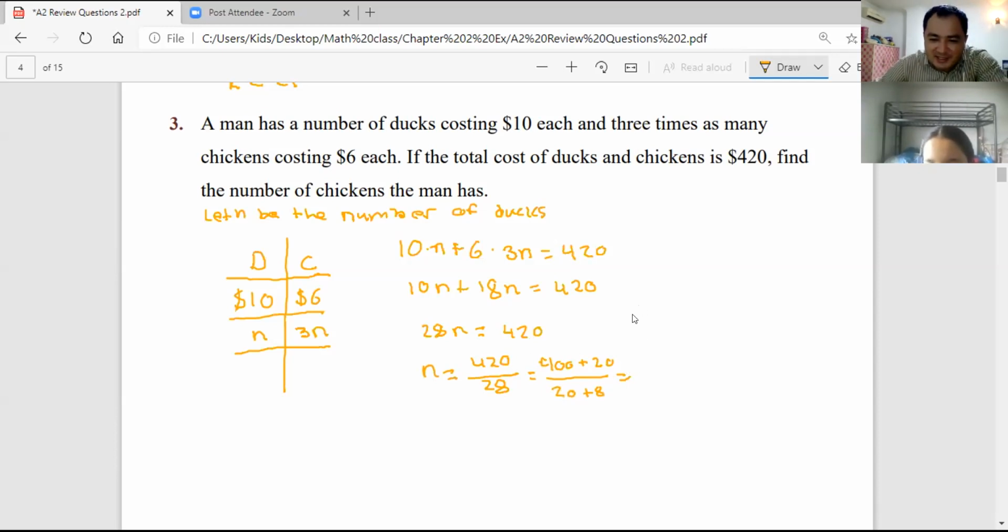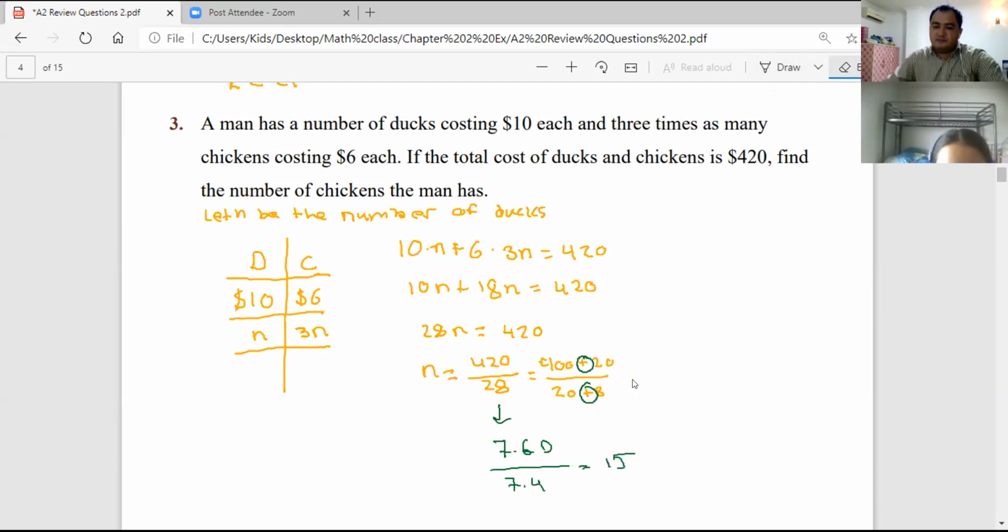If it is plus, we cannot cancel them out, only if it is multiplied. Prime factorization, or factor these numbers. 420, as you see here, 42, I can just write it as 7 times 60. And how about 28? It is 7 times 4. So 7 is gone. 60 over 4 is just 15.